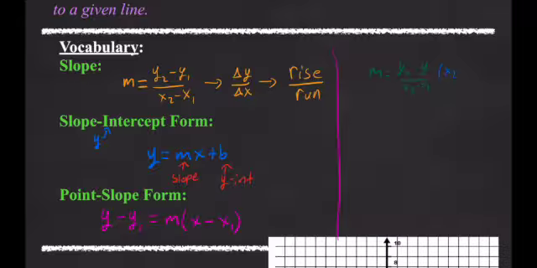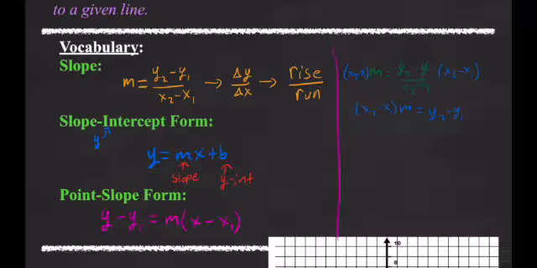You're going to multiply by x2 minus x1 on both sides. Well, this should look familiar. We have x2 minus x1 times m equals y2 minus y1. And that is exactly point slope form. Just instead of saying y2 and x2, we just say x and y because we're not going to be substituting in the place of that. But that's basically how we get to the point slope form.